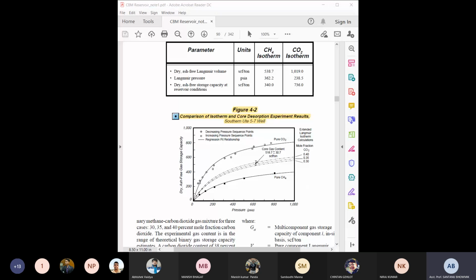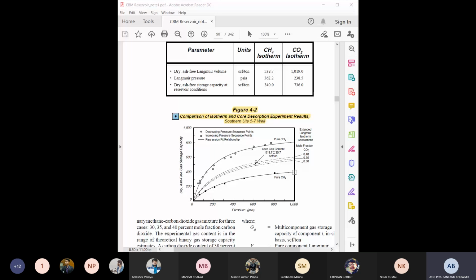So how to understand this graph? You have seen that if there is only methane, this is the graph. If there is only carbon dioxide, this is the graph, the upper one. But now you are going to consider the 50-50, so 50% carbon dioxide and 50% methane. Where will it lie? The pure methane will give a graph like this.